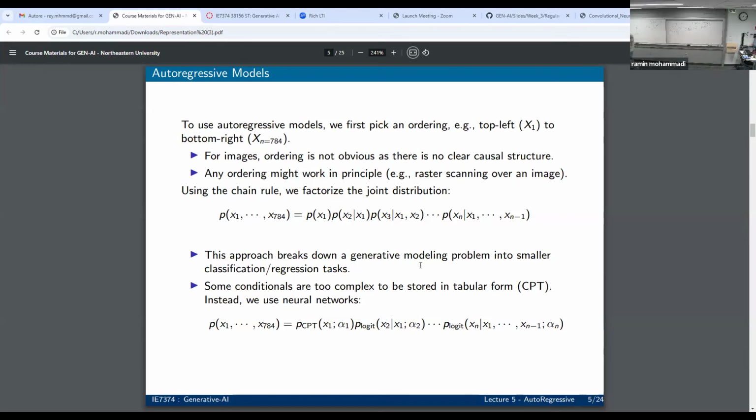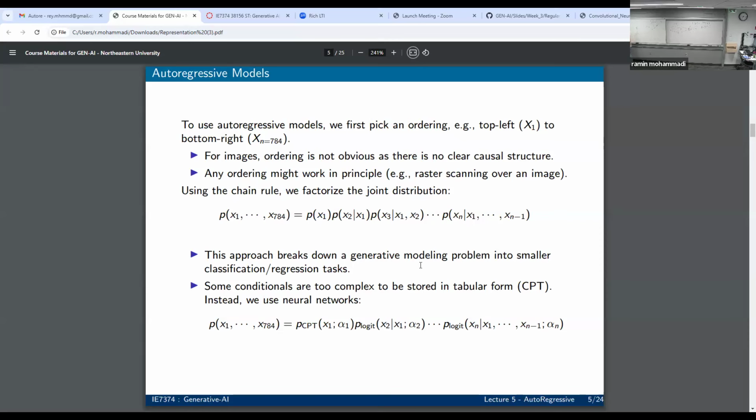The main idea was to use logistic regressions, because we are doing a binary classification, right? It's either a black or white pixel. After the first pixel, because for the first pixel we don't need a logistic regression, it could just simply come from this table. I need the first pixel in order to continue to the rest. It could come from a random number, or from a CPT, a conditional probability table. But for anything after the first pixel, we use a logistic regression.